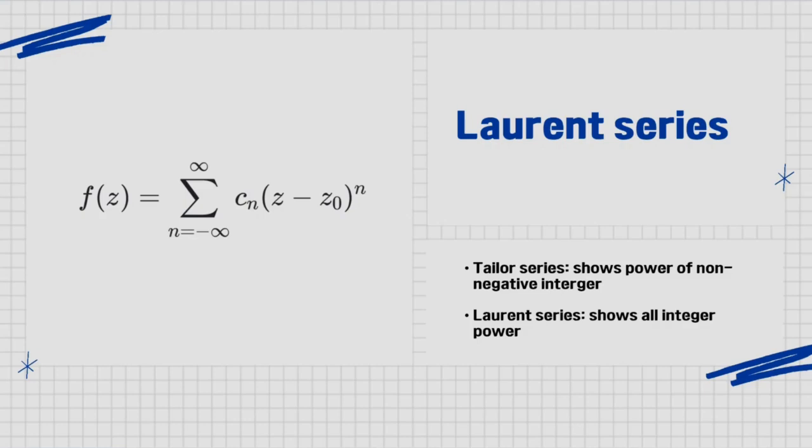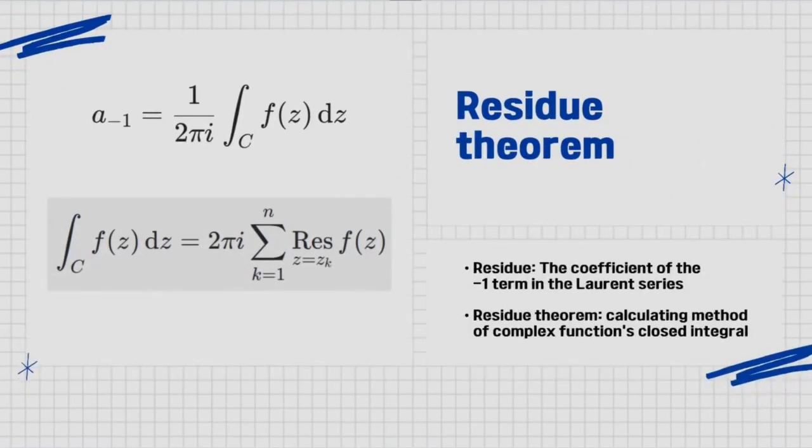If you do a closed integral whose contour includes a singularity, its value can be found by using the residue theorem. This is because when a function is expanded to a Laurent series, its integral value equals 0 except when n equals minus 1. By this, we find a_(-1) and easily get the integral value.